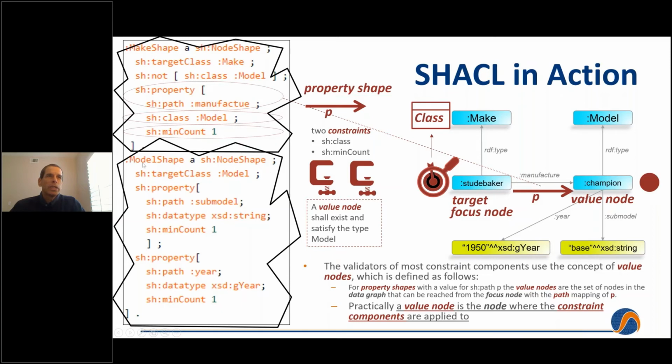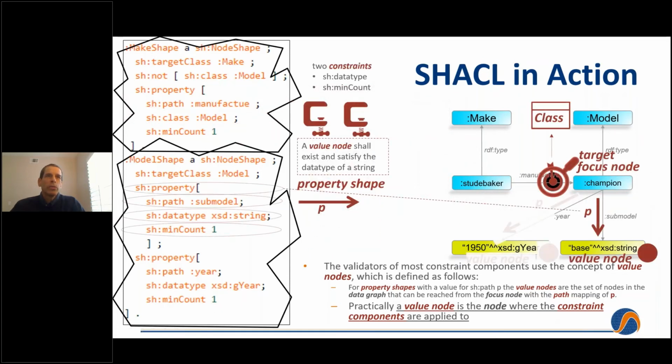And now let's do the same thing for the bottom shape, and we'll start with the property submodel. For the bottom shape, champion is the focus node. Then we need to find the path for the value node. The path that can be reached for submodel is the base submodel, and so base becomes the value node.